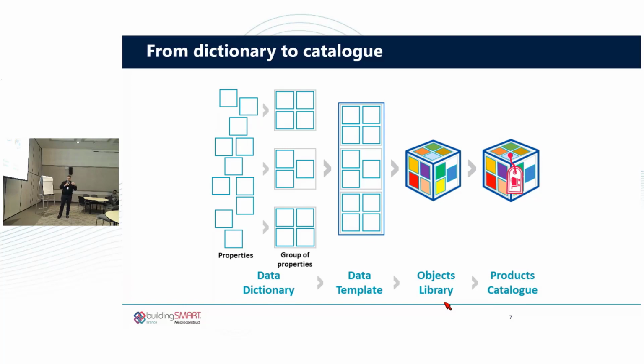It's a very clear process: first define the properties, organize them in groups of properties in a dictionary to be able to set data templates, which will be used to define object libraries and then product catalogs. So this is a very clear process to first define the properties and then, at the end, produce product catalogs, different products.